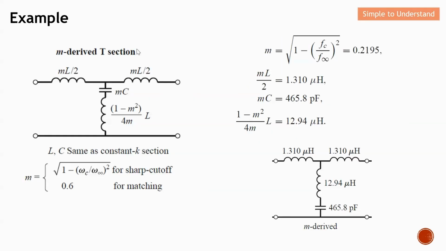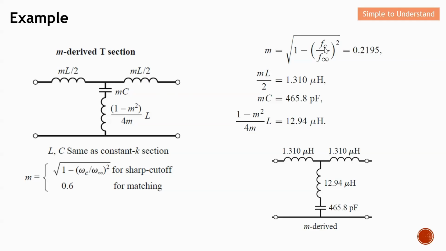Let me explain the design rule of the m-derived T section. This is what I have explained earlier. Remember, we need to put a pole at a strategized position in order to achieve a sharper cutoff frequency. This is from the design of this low-pass filter. If you still remember, we can compute the m value.